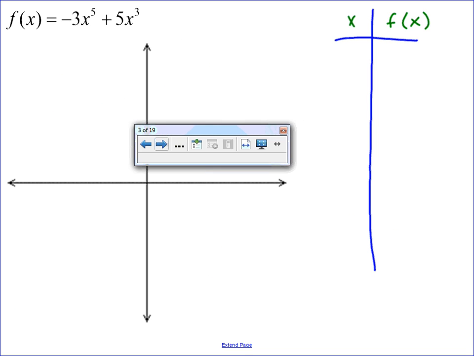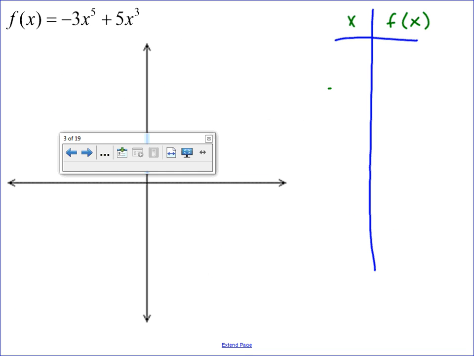Let me put all those on there. So I've got -1, negative root 2 over 2, 0, root 2 over 2, and 1. And we might need one on either side.